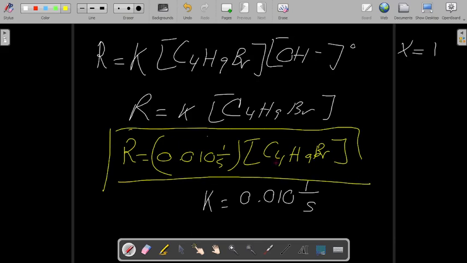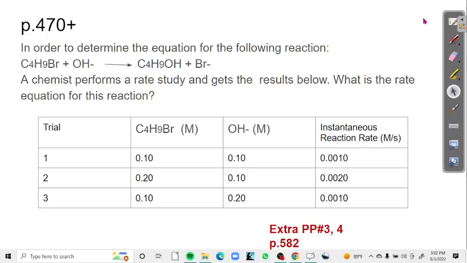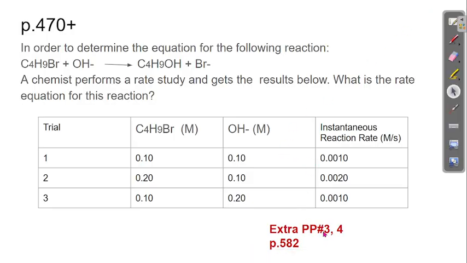Given a concentration, knowing the constant, we can find the rate of that reaction for that concentration. So that is done. Now, I would like for you to try extra practice problems number 3 and 4 on page 582. I'll give you the values, and if you get it, move on. This is a video, and if you don't get it, then I'll break it down into steps.